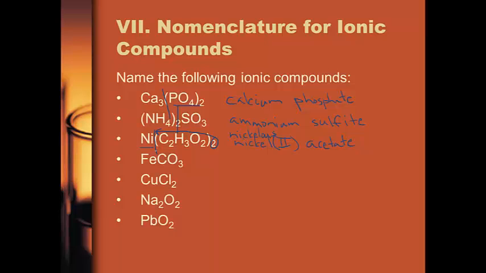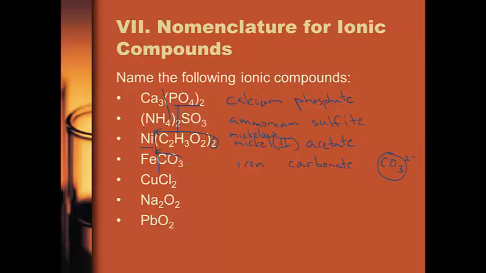Okay, next one. Break there is iron. CO3 is carbonate. Again, make sure you can recognize your ions even when you don't see the charges. Now, I can't just call it iron carbonate because this has multiple states. The 3 did not come from up there because the CO3 is the whole carbonate.